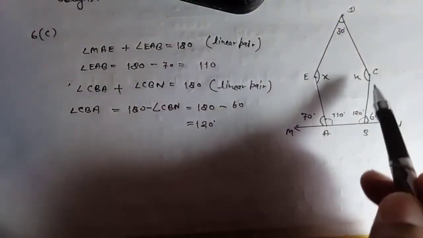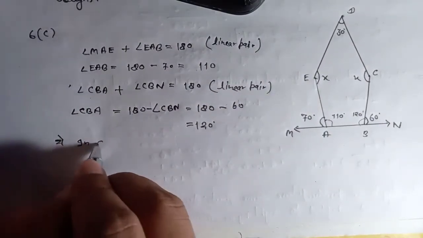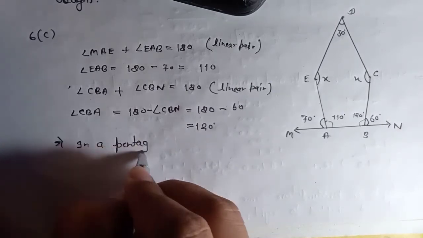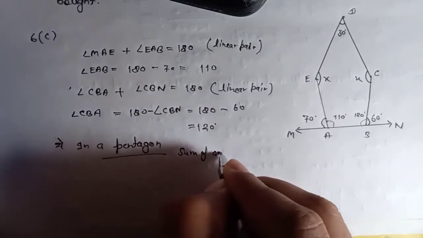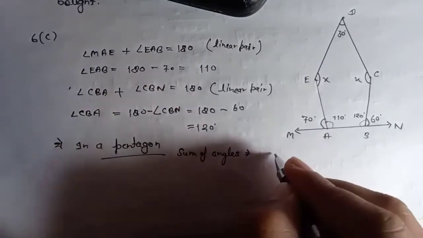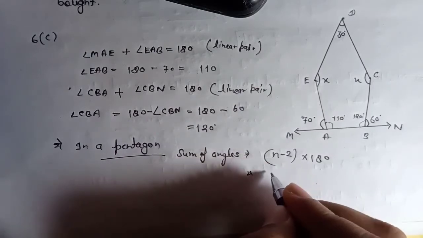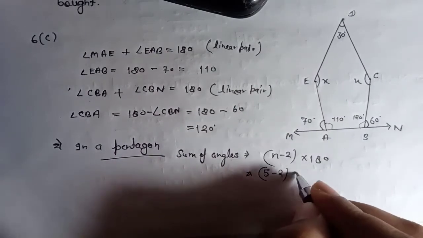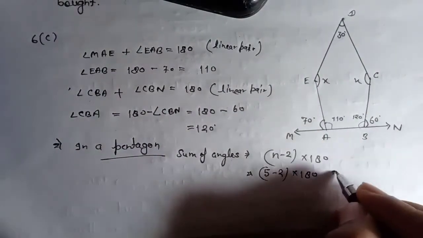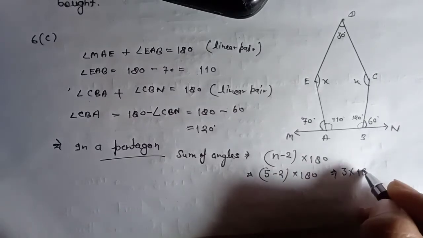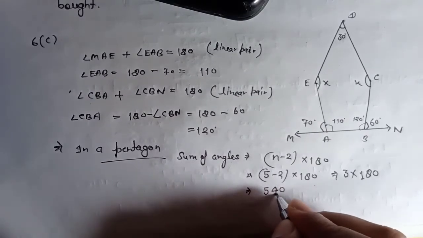Now we are able to form an equation for the sum of the interior angles. In a pentagon, for the sum of angles we have the formula n minus 2 into 180, and n is 5, so it becomes 5 minus 2 into 180. n is 5 means there are 5 sides in the diagram, so 3 into 180, and we get 540 from here.